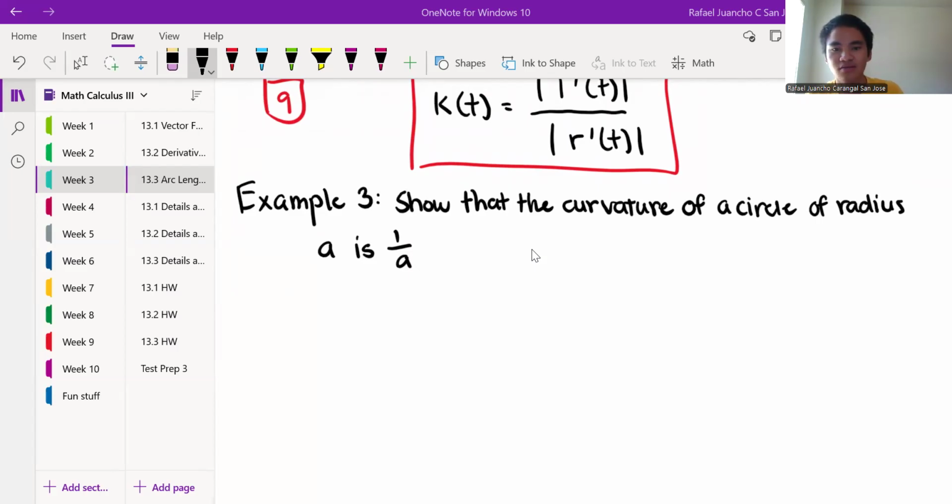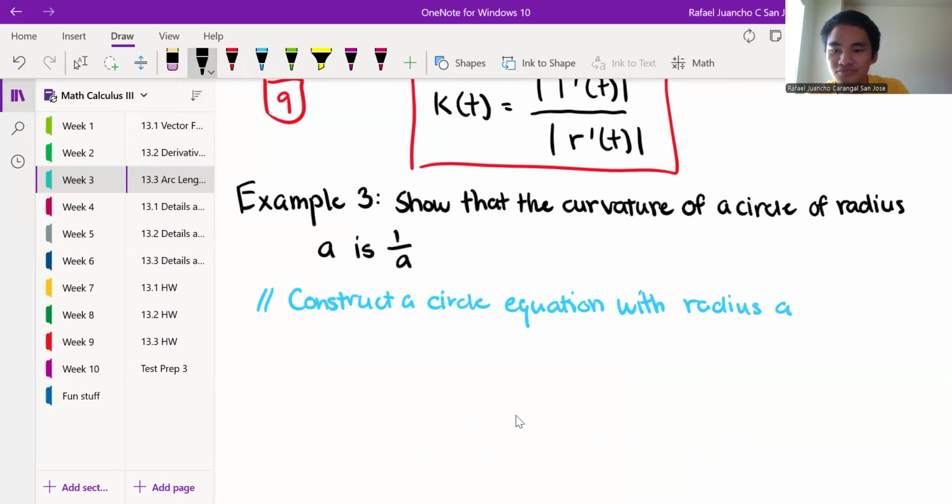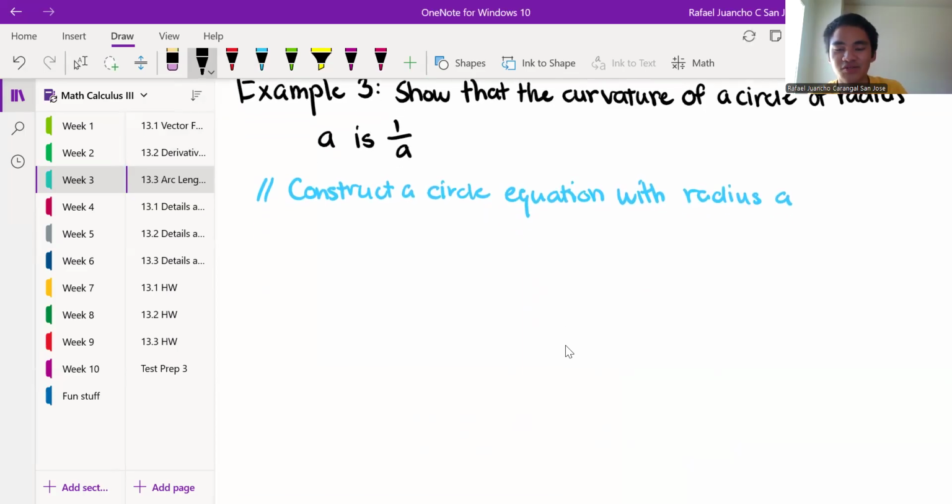So how do we show this? Well, we need to construct a circle equation, and it has to be with radius a. That's what we're being asked to do explicitly.